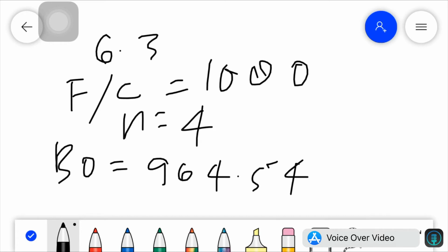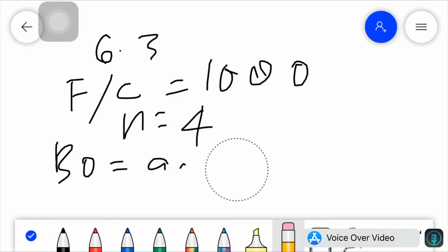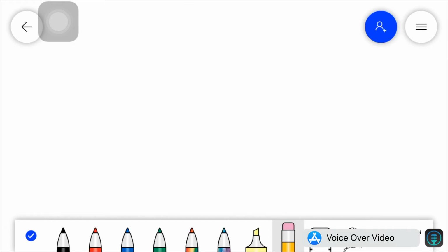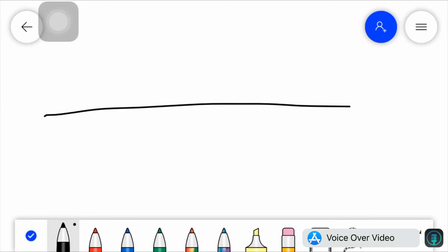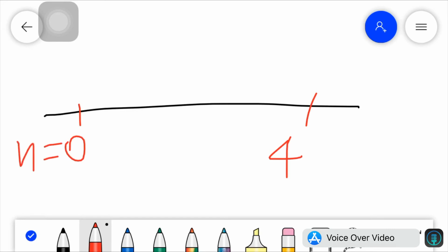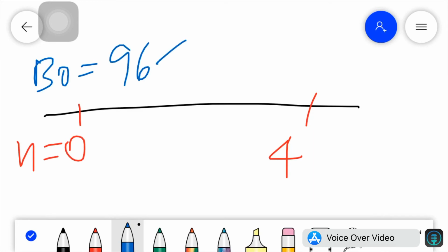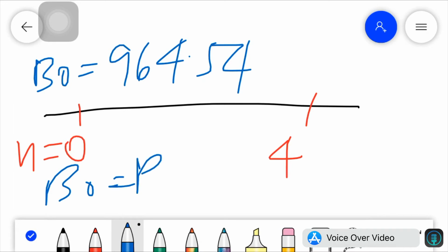This value we get from the table. The same steps: draw a timeline from 0 to 4. This is N, and B naught equals 964.54, and we know that B naught equals P, and Bn or B4 equals C. So we can proceed to the next step.